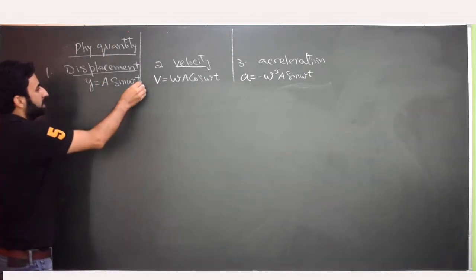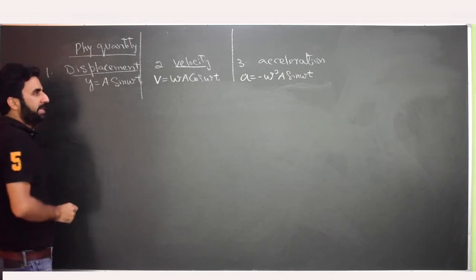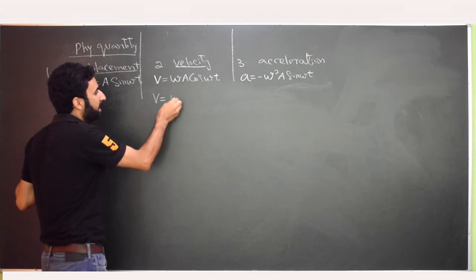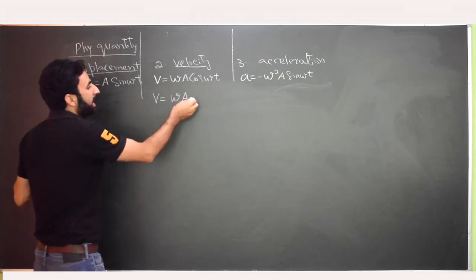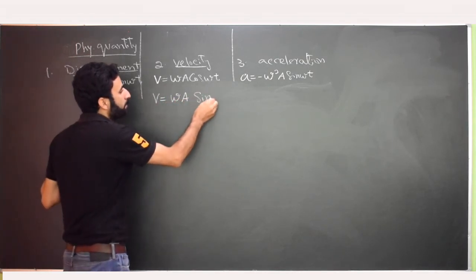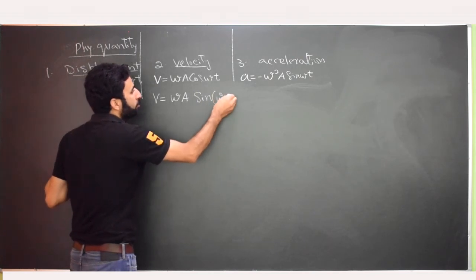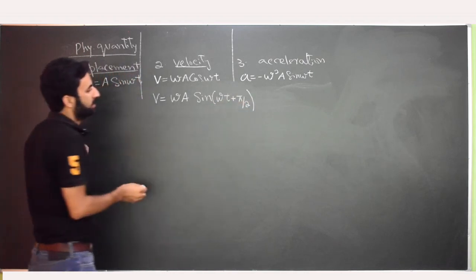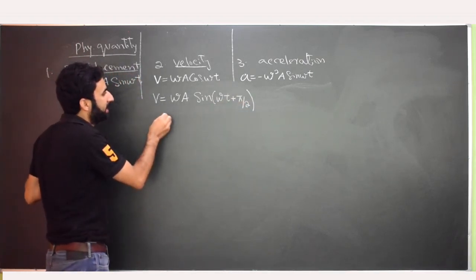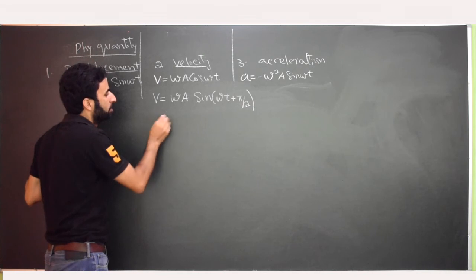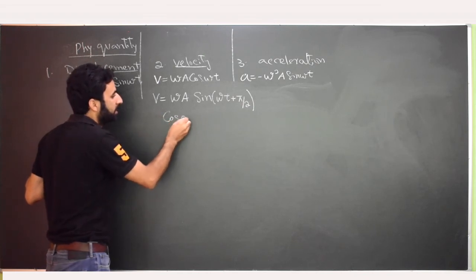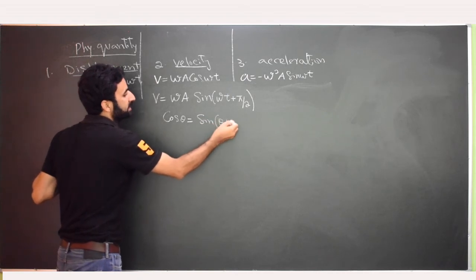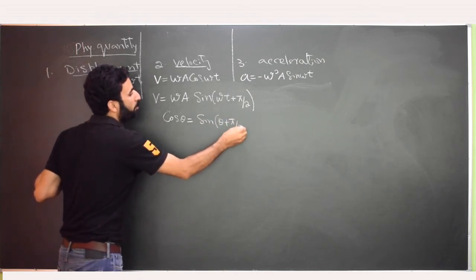So in case the equation for displacement is y is equal to a sine of omega t, I can write v is equal to omega a sine of omega t plus pi by 2, because we have a famous trigonometric identity that cos of theta is equal to sine of theta plus 90 degree, or pi by 2.